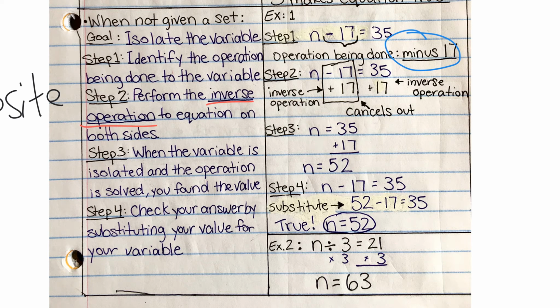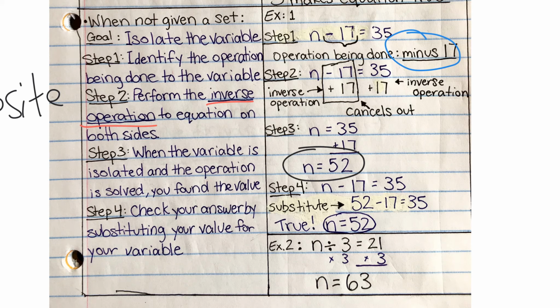So n is by itself, and we did 35 plus 17, because that plus 17 was the inverse. 35 plus 17 is 52. There we have it. 52, we hope, is going to be the value for our variable.